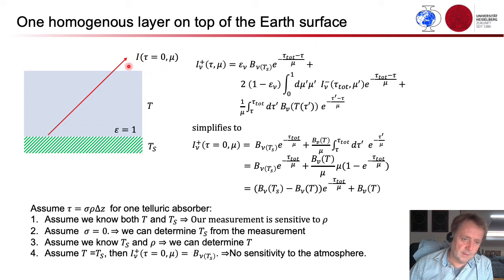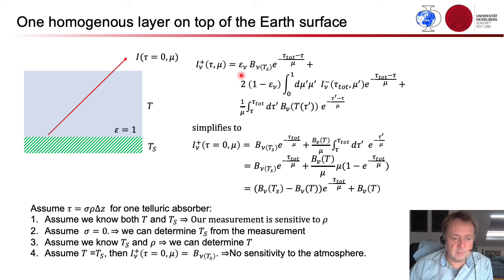And we want to calculate everything at the top of that layer. That means that for the expression for the upward directed radiance we must use, the first thing is we can use tau equal to 0. That makes things already easier.